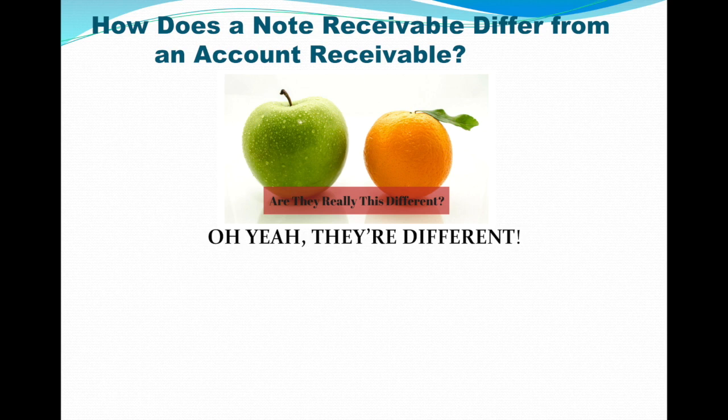Those differences lie in the time between when the promise is made and when it is actually carried out, the amount that is to be paid once the promise is carried out, and how the promise is carried out. And I guess four, actually, because it's also what happens when we dispose of notes receivable. So yeah, they're pretty different.